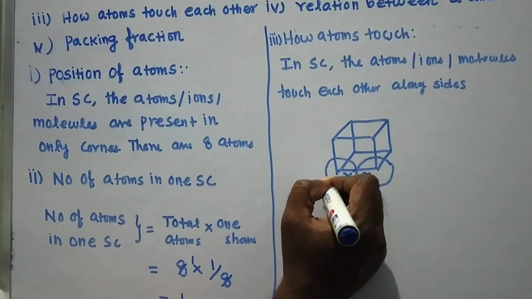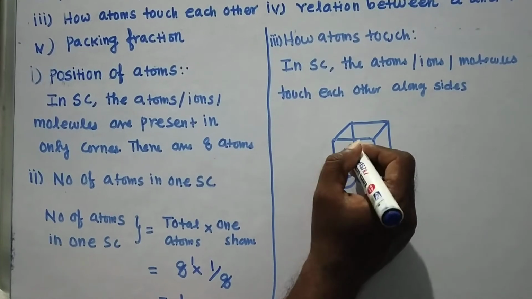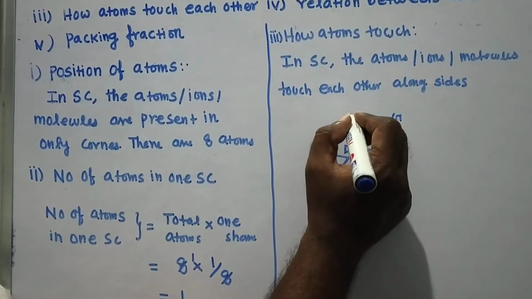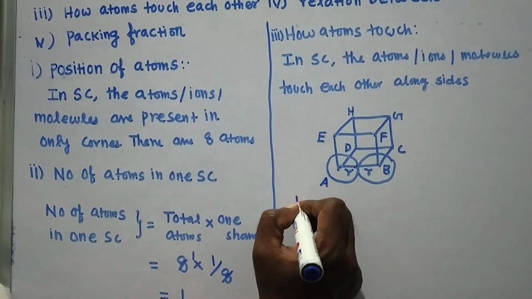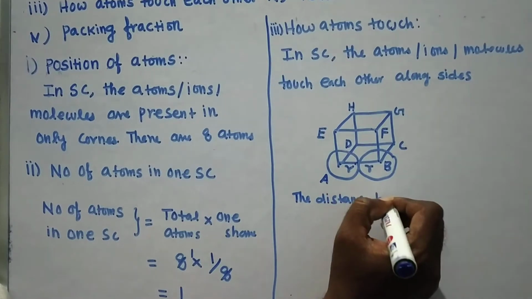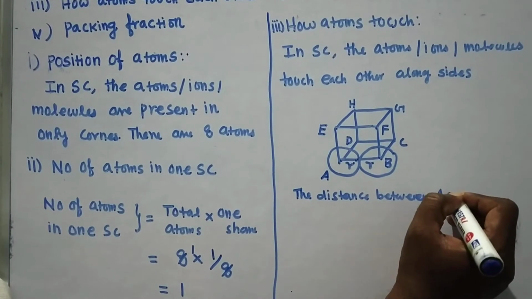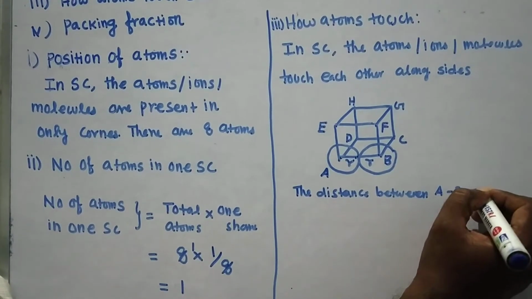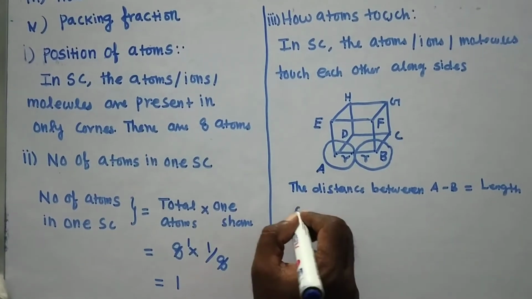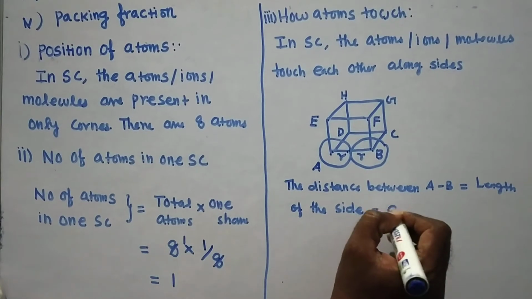This is a point A, this is the corner B, this is the corner C, this is D, this is E, this is F, this is G, and this is H. The distance between A to B is equal to the length of the side, that is equal to A.